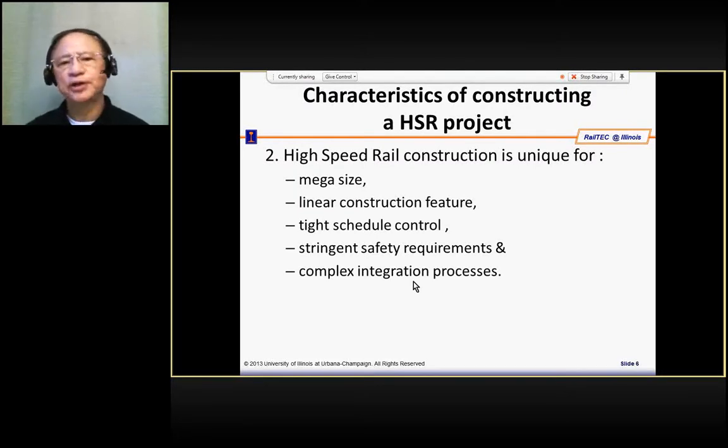Another special characteristic is that it's a mega project. It involves many disciplines, and all these disciplines have to be integrated at the end of the project to make the system work. So it's a complicated integration process. You have to integrate different disciplines and make sure the interfaces work well. And that is the characteristic of these projects.